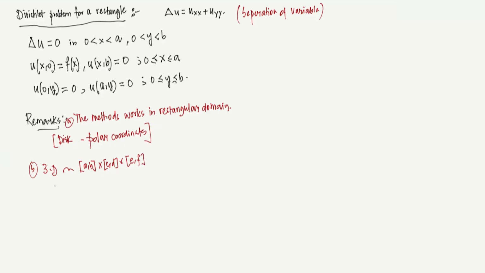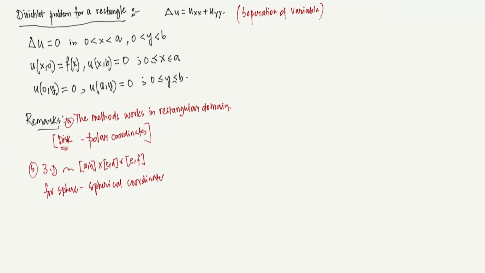And for a sphere, the analog of the disk in 3 dimensions, you use spherical coordinates. You already know what those are. So in that case you have to do a change of variable. These are the remarks.